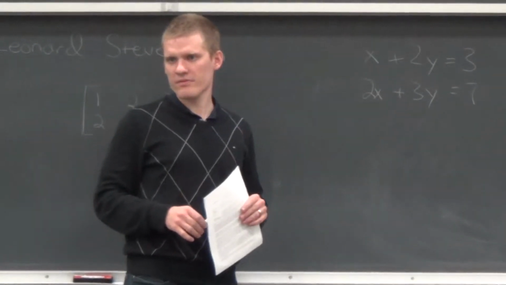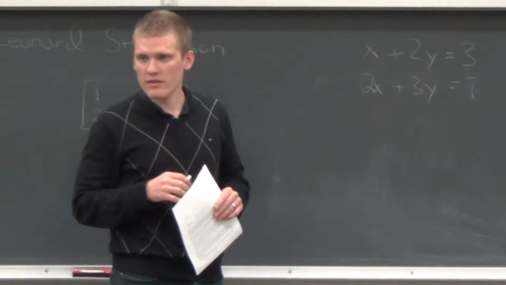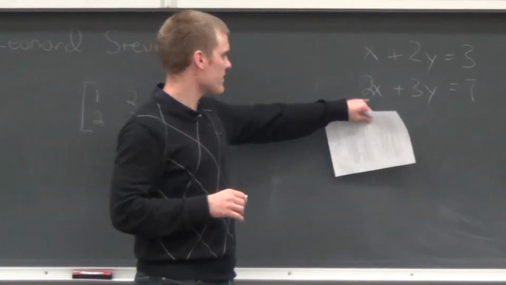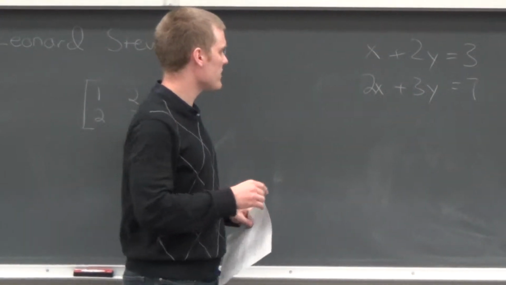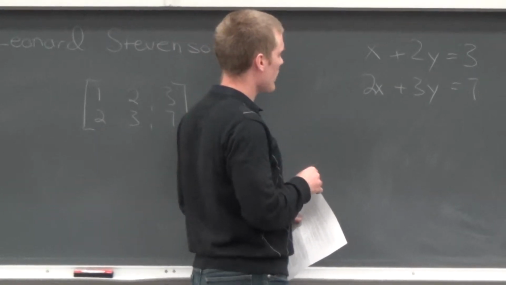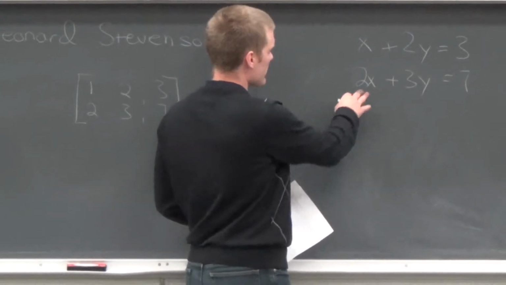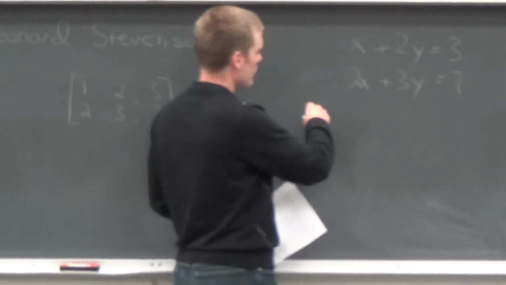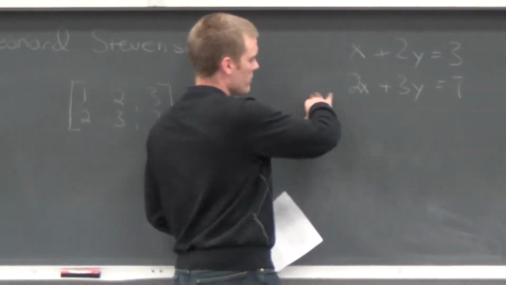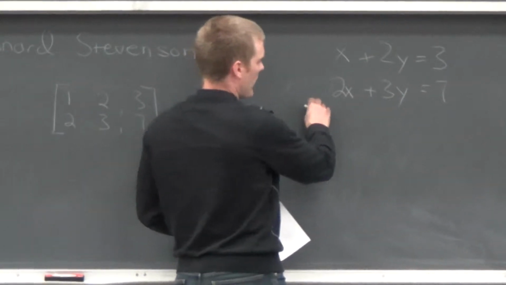Try cancelling out one of the terms. Yes, we can try canceling out either the x or the y. So in this case, let's say we want to try canceling out the x term. So what I'm going to do is multiply the bottom row here by negative 1/2.